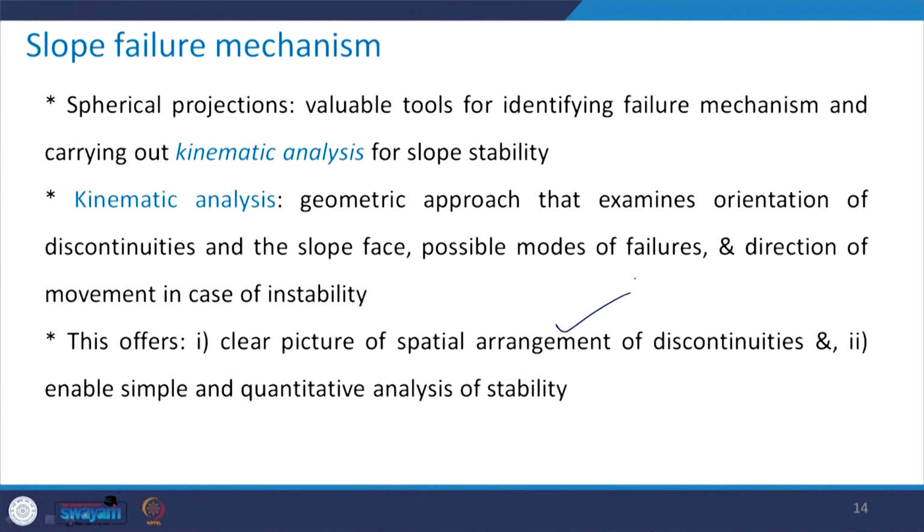So, basically the kinematic analysis offers two things. One is a clear-cut picture of the spatial arrangement of the discontinuities, and rather than going into very tedious mathematical aspects, in a simple graphical manner we will be able to quantify the analysis of the stability of the structure, slopes, tunnels or foundations.